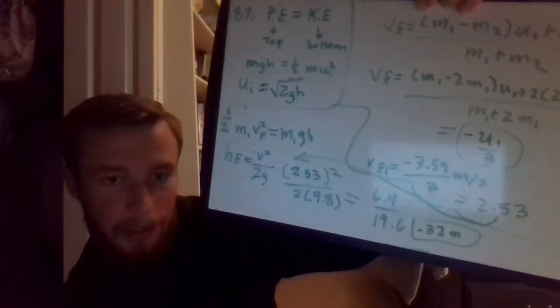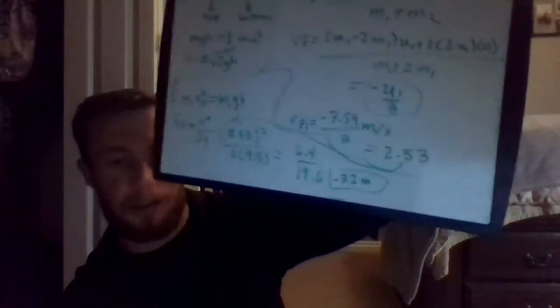That's going to equal 6.4 divided by 19.6, which equals 0.32 meters. 0.32 meters is our answer.